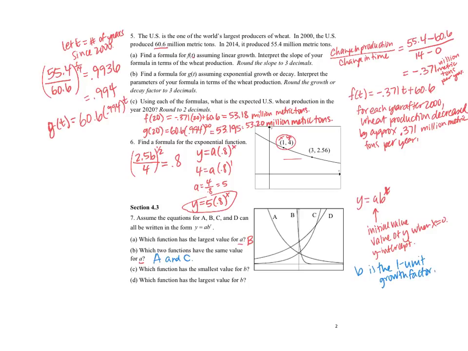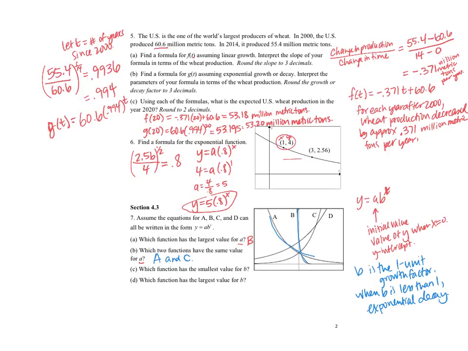And when b is less than 1, we have exponential decay. Okay, and so if I think about that, I know that for functions a and b, we have exponential decay. So for those two, I have little b values that are less than 1.